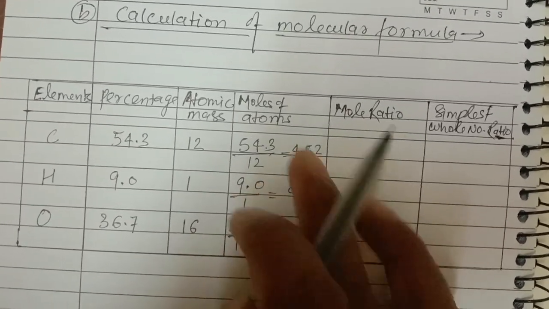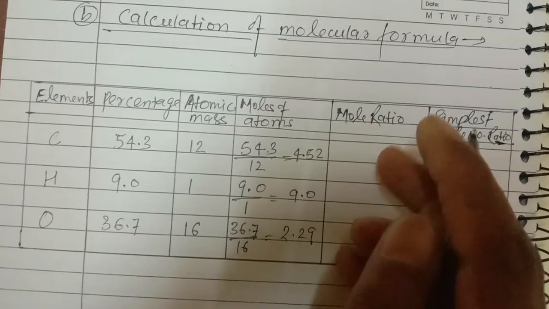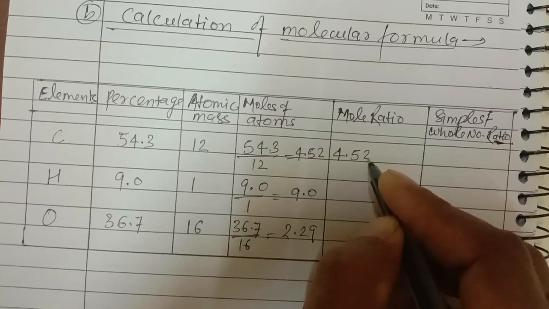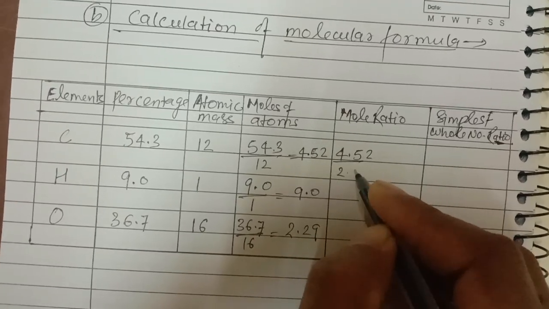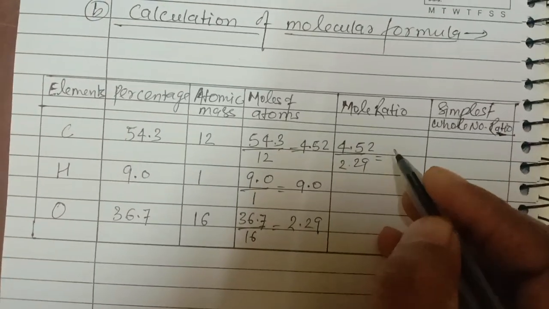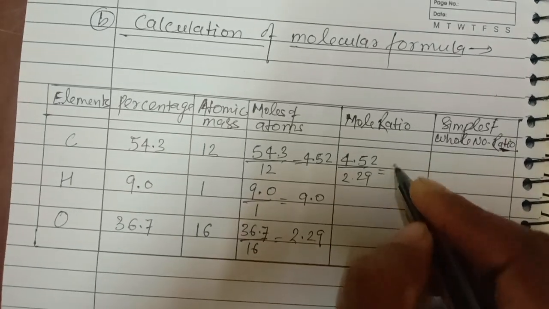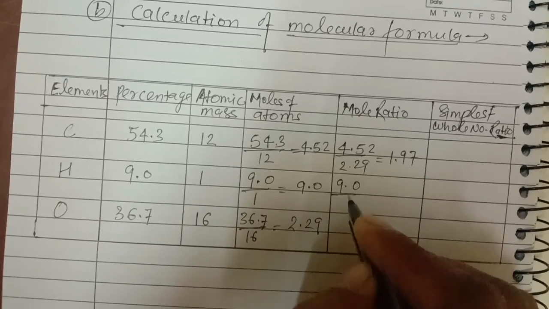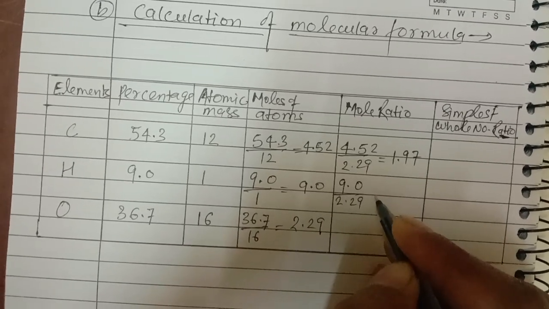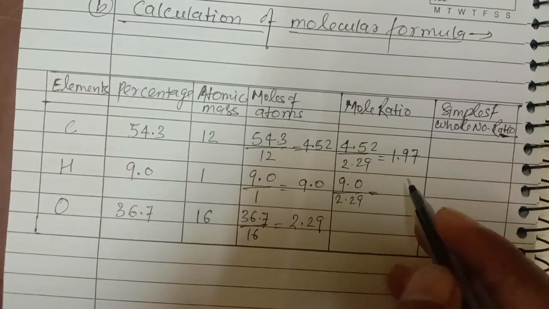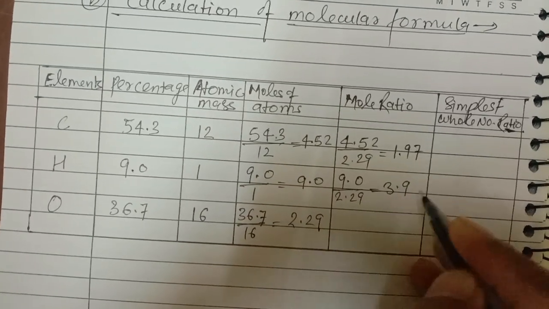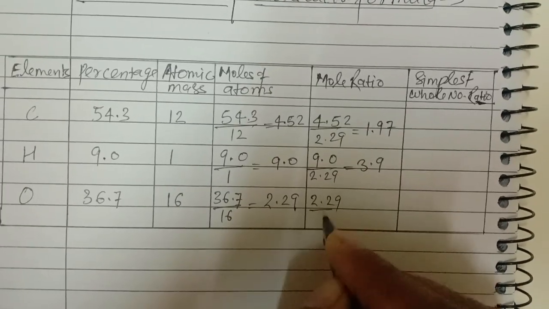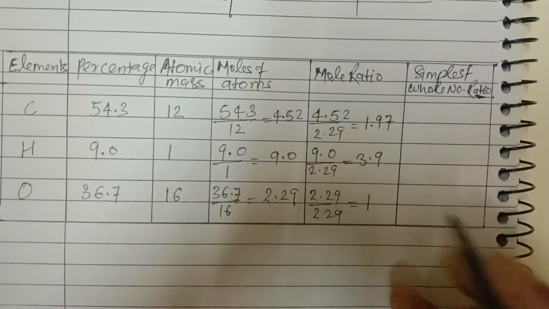So we divide all the moles by this value to get the mole ratio. 4.52 divided by 2.29 gives 1.97, 9.0 divided by 2.29 gives 3.90, and 2.29 divided by 2.29 gives 1.